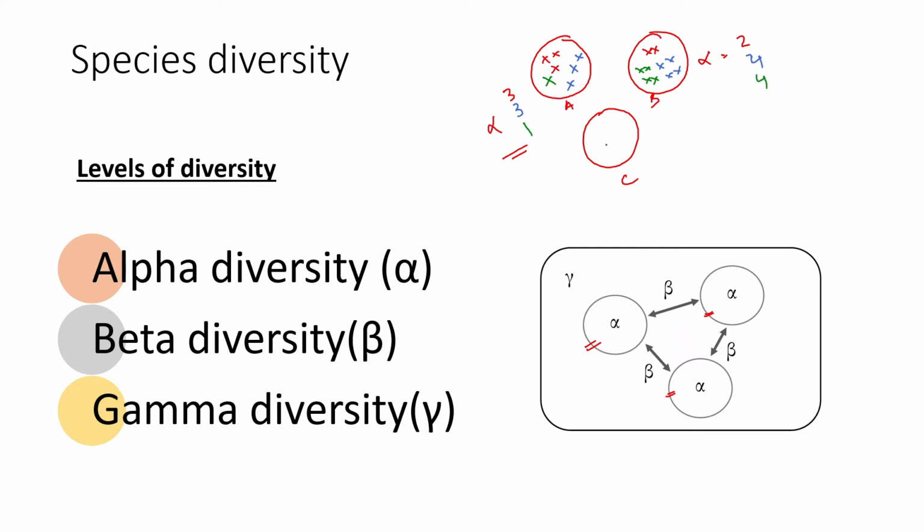Similarly for species distribution in C region, let's say there is 1 red, 2 blues and 5 greens. So this is again the alpha diversity of that region.